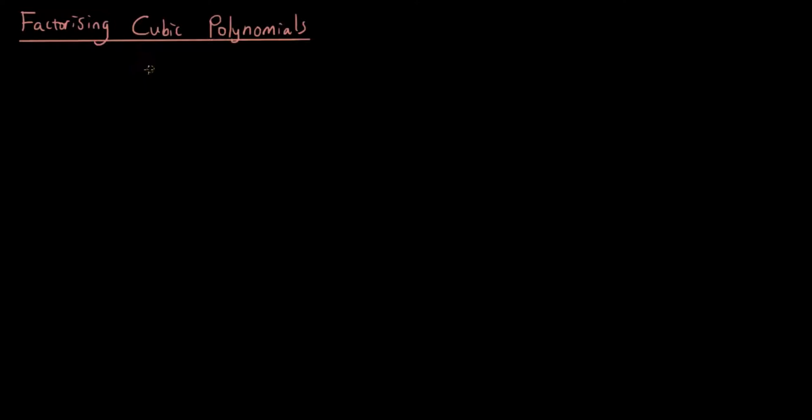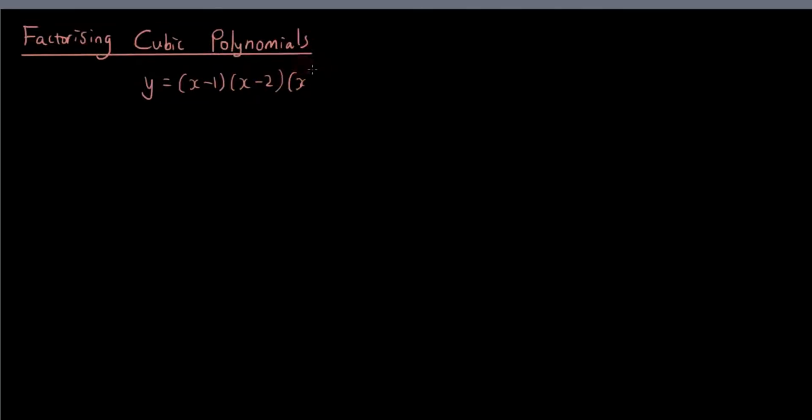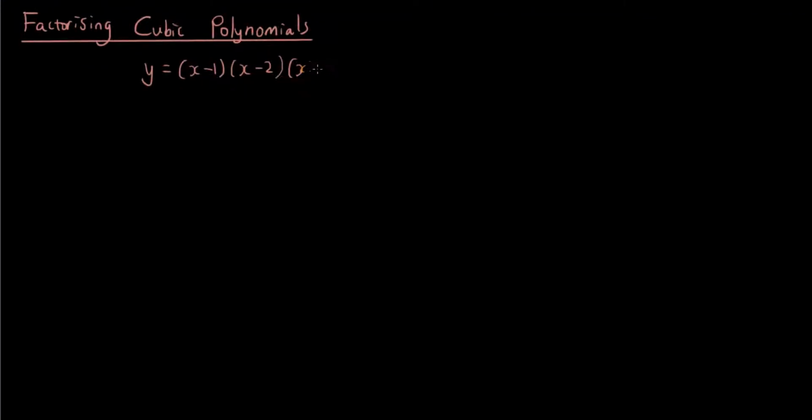So let's say I have an equation y equals (x minus 1) times (x minus 2) times (x minus 3). Right, so this is in factored form because each of these brackets is a factor, so this is what we call factored form.